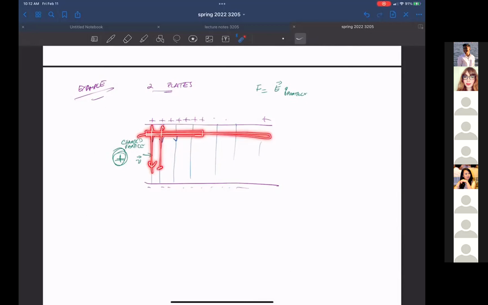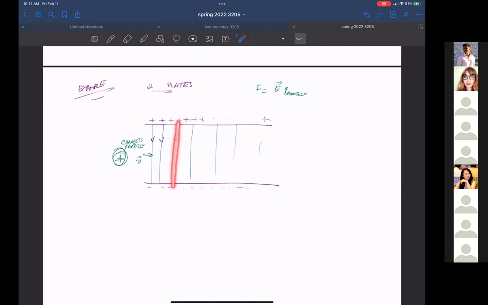The other way to think about it is out here, this guy would have a very strong vector pointing this way, and this guy's vector here would be smaller, but they're pointing in the same direction. Over here, the vector from this guy is going to be small, but the vector from this guy is going to be big. And here they're going to be equal strength. But it turns out the electric field is going to be constant all the way through here.